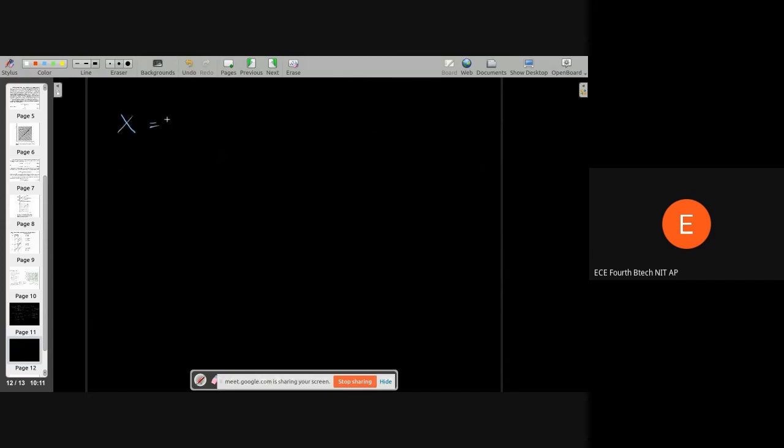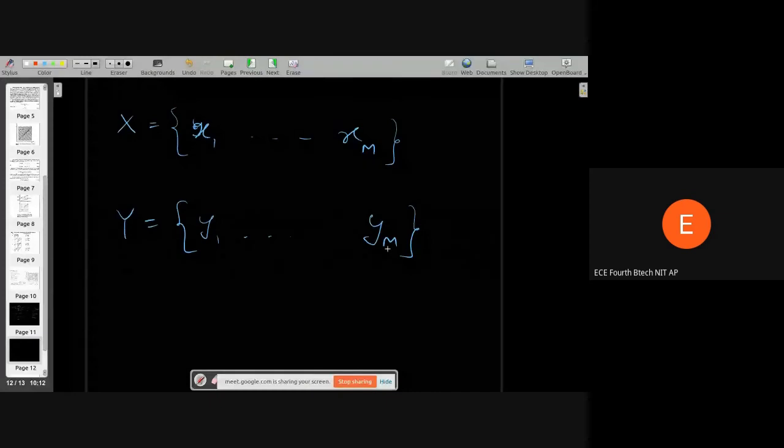Indirectly, what we have is two sequences of vectors. You can say X, you can say Y. Two sequences of vectors: x1 to, let's say, xm, and y1 to ym. We have to match these vectors with one another.